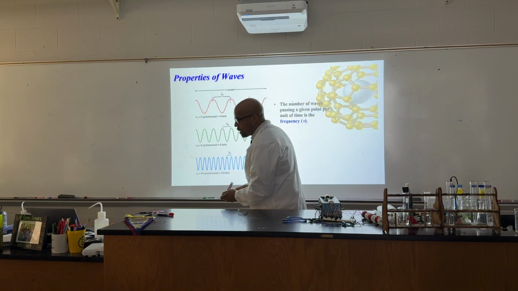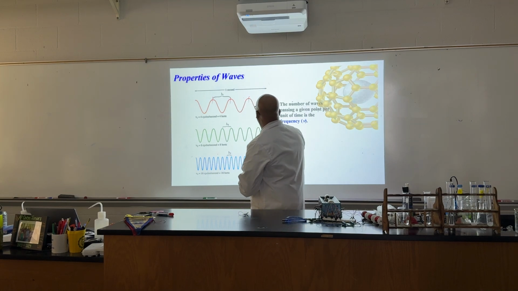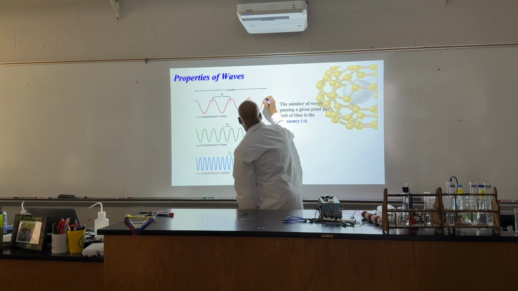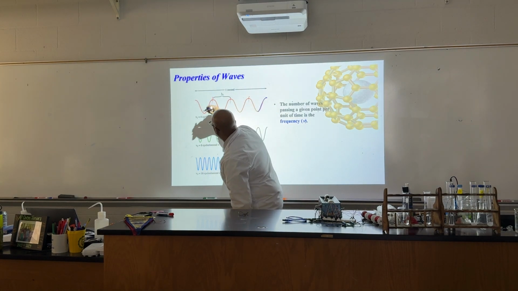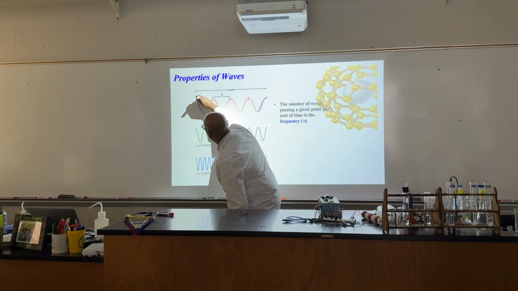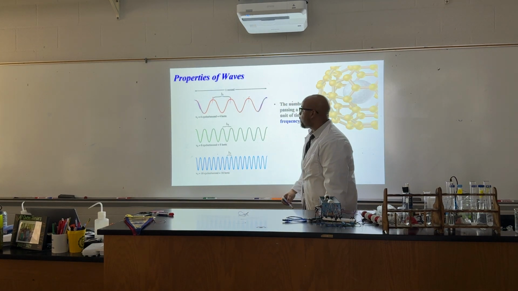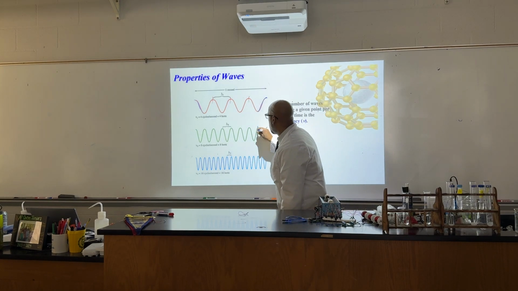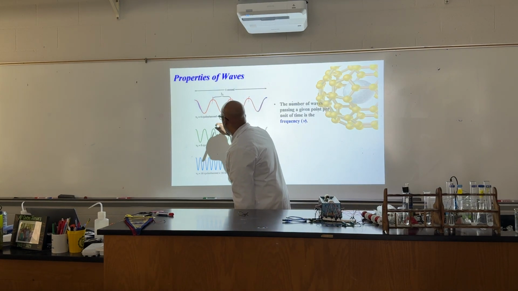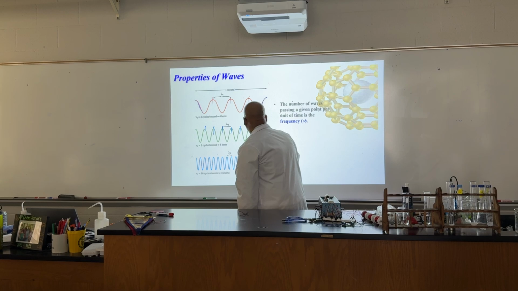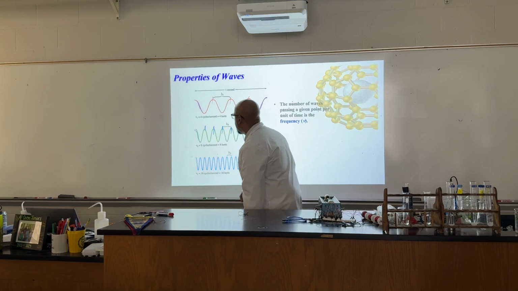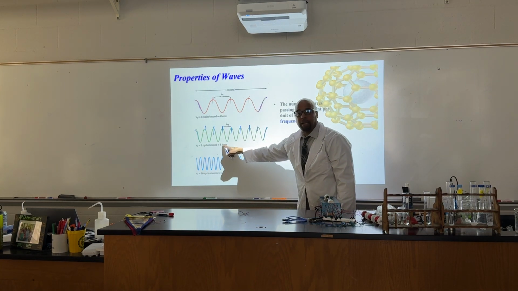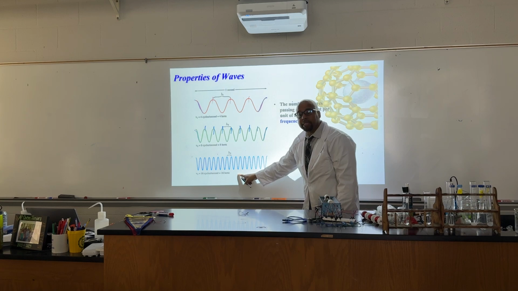But wait a second, I have also half of a wave sitting right here, and also half of a wave sitting right there. So I get 4 waves that pass my hands per second. Here I get 1, 2, 3, 4, 5, 6, 7, plus I got the half here, plus I get the half right there. So I got 8 waves that pass my hand per second. Here I got 16 waves that pass my hand per second.